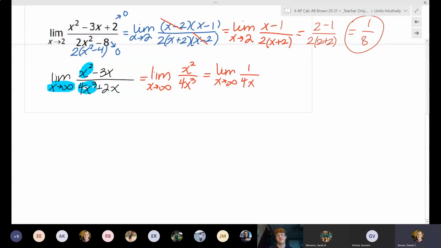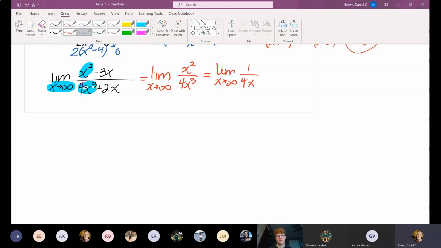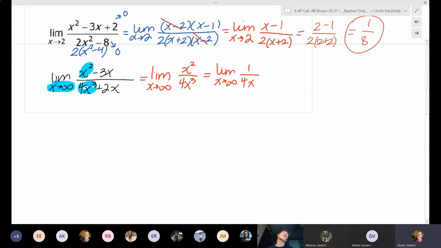The x squareds cancel out. Thinking again about infinity, the numerator is still just the number 1, but this denominator is going to keep getting bigger and bigger. When the denominator gets really, really big compared to the numerator, what do we say that limit is going towards? 0. So the limit to this would be 0.